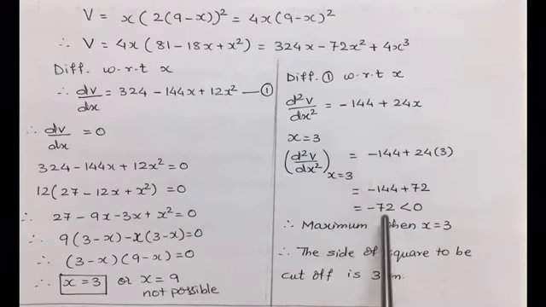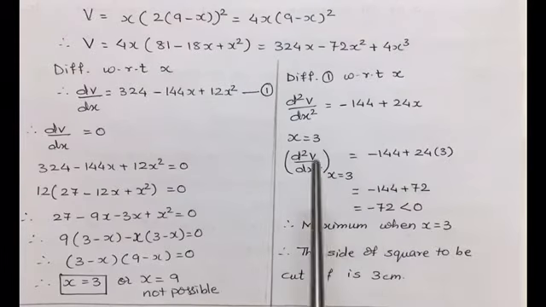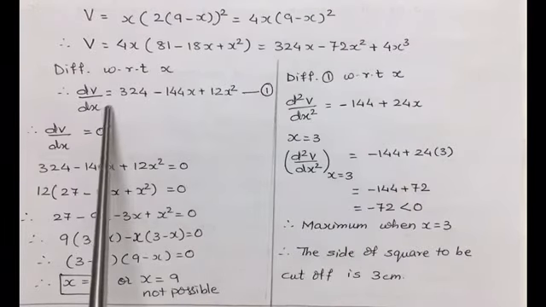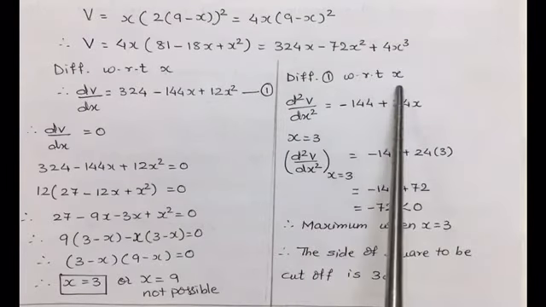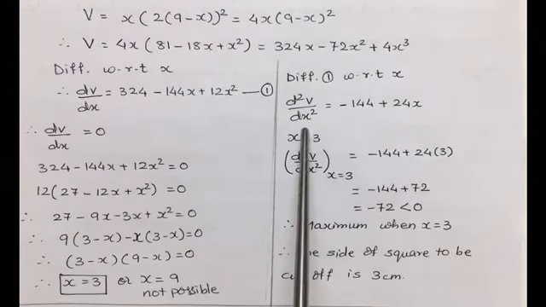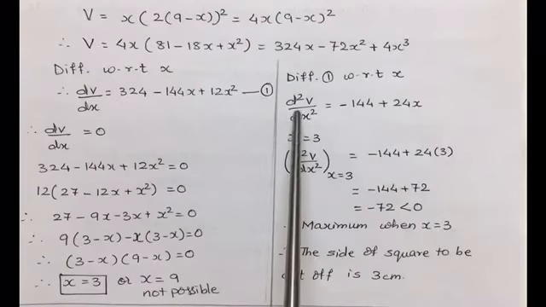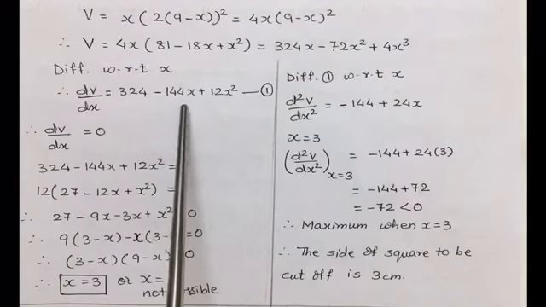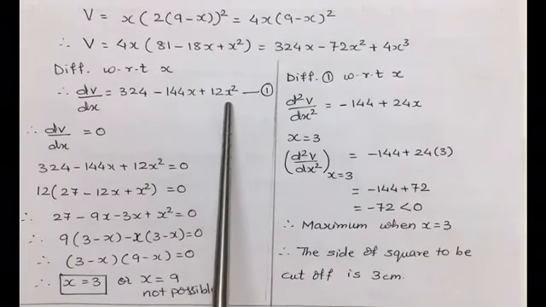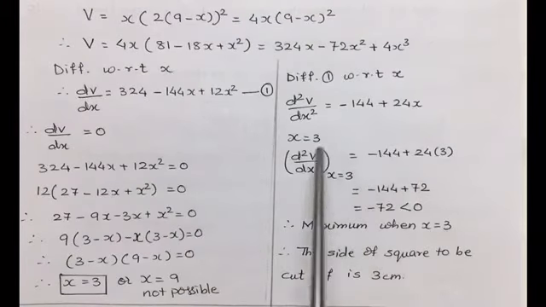For maximizing the volume, to check it, we will differentiate the first derivative again with respect to x. Calculating the second derivative, we get d square V upon dx square as minus 144 plus 24x.